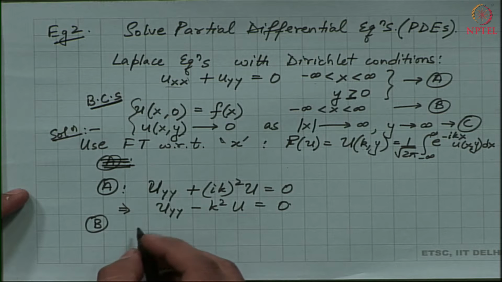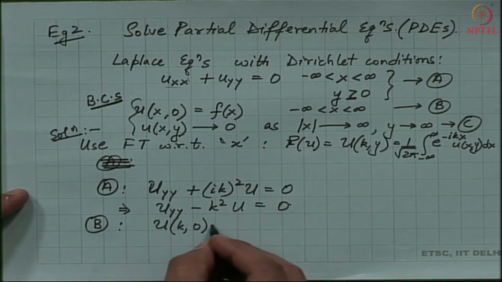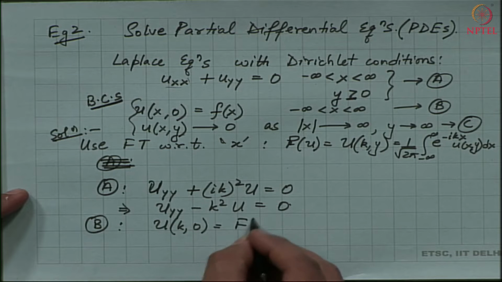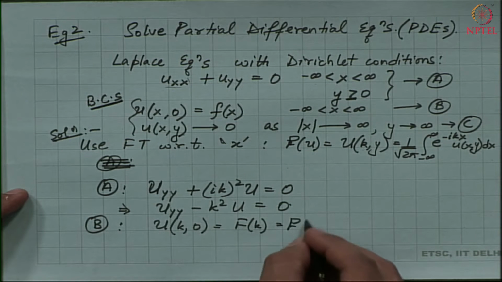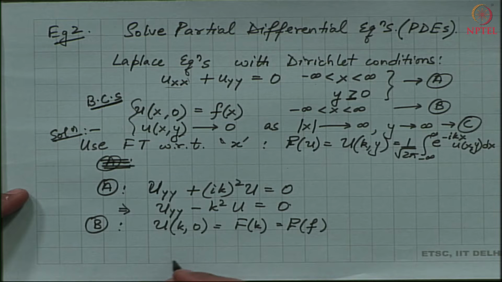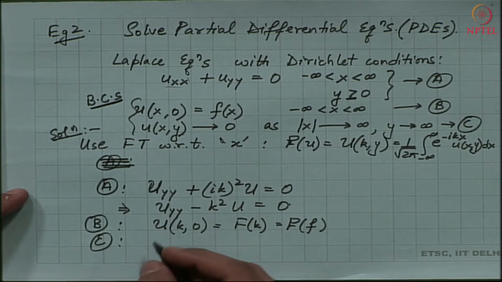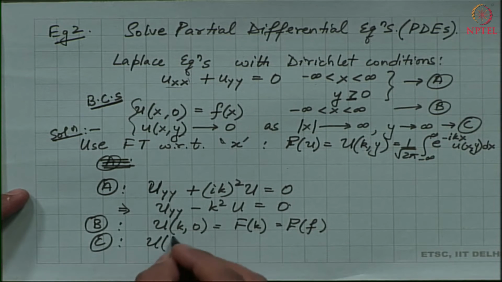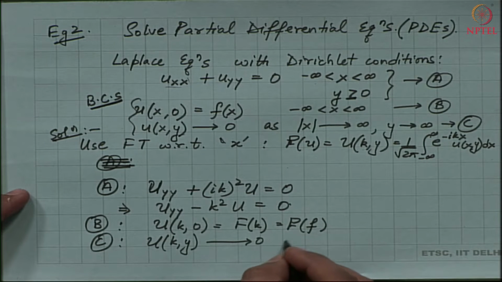Application of the Fourier transform to B gives U at k comma 0 is F of k, where this is nothing but the Fourier transform of the small f. And application of the Fourier transform to C tells me that U of k comma y goes to 0 as y goes to infinity.